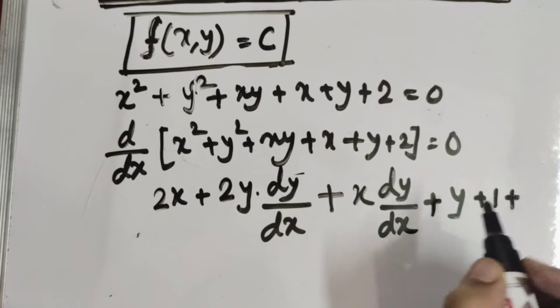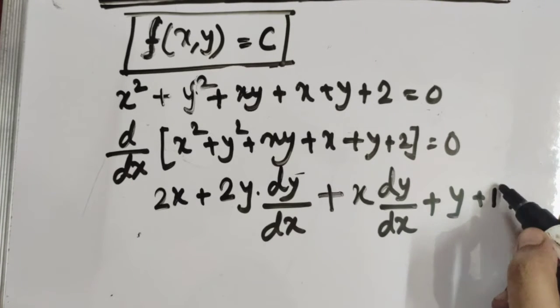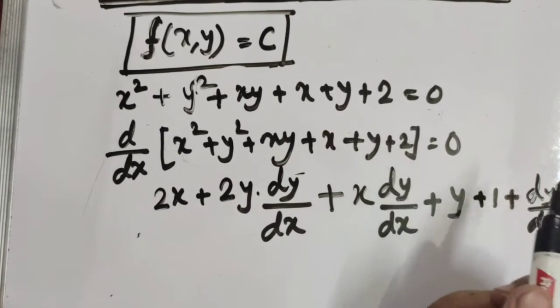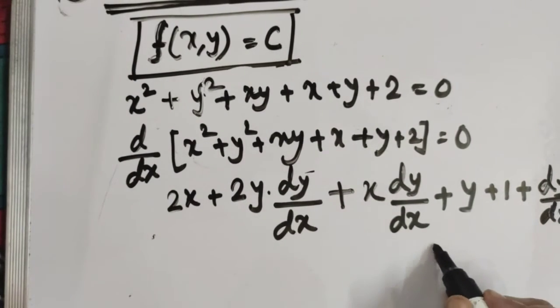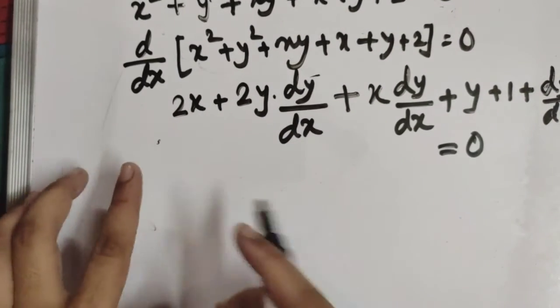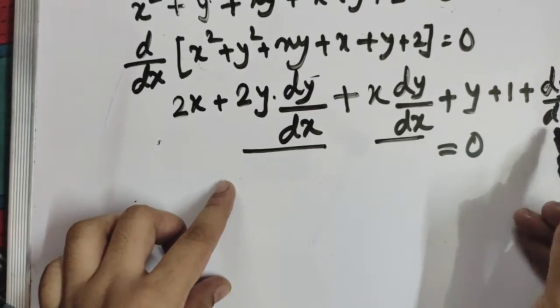Plus d/dx of x, that means 1, plus the derivative of y, that means dy by dx, and plus the derivative of any constant term, that is 0, so equals to 0. Now we separate the dy by dx terms.